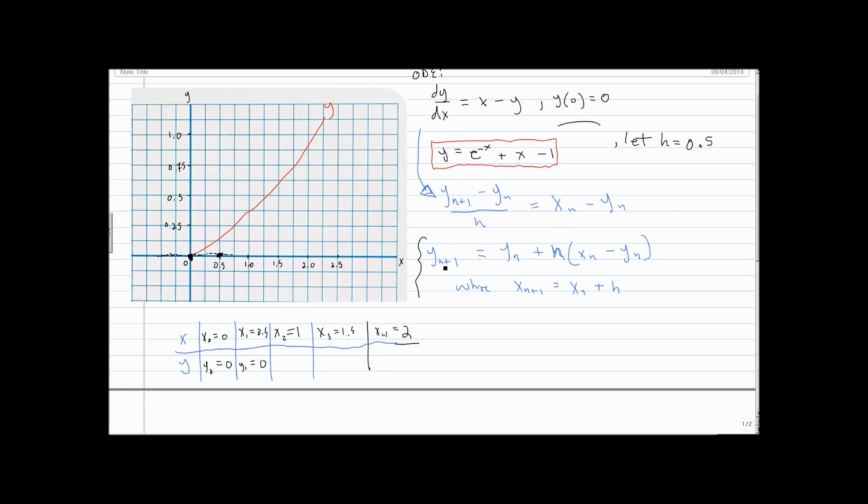So we can find that here. So first, we find the derivative at the previous point, which is right here. So this is the point y equals 0 and x equals 0.5. Okay, so when y is 0 and x is 0.5, then the slope at that point is a half.